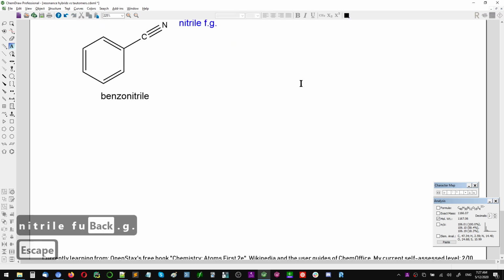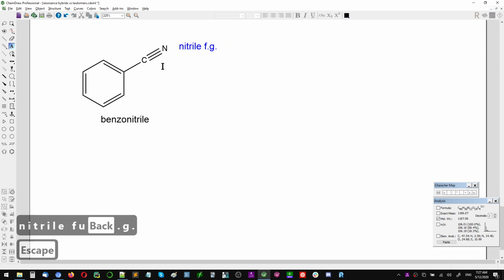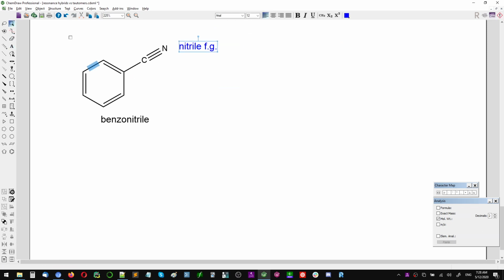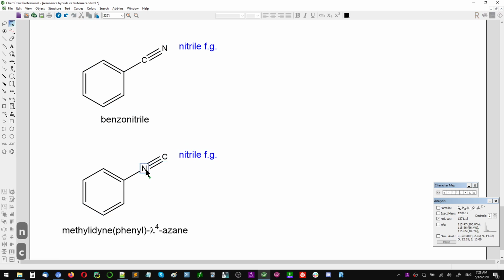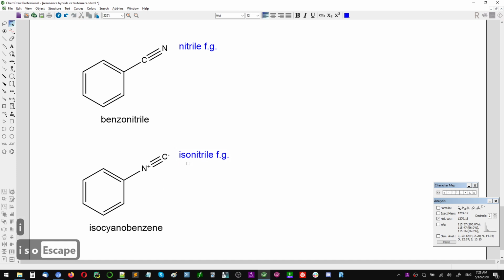And let me show something interesting about the isonitrile functional group. I find it really interesting. So if we have isonitrile, the isonitrile functional group is actually a resonance structure in itself.